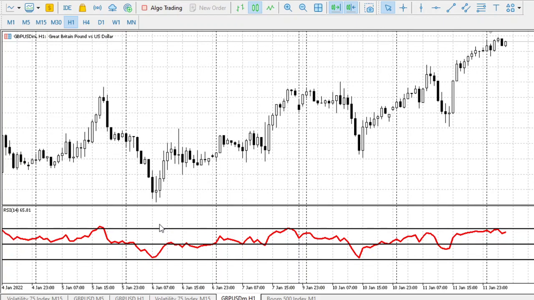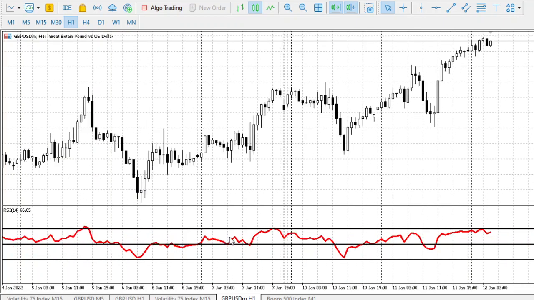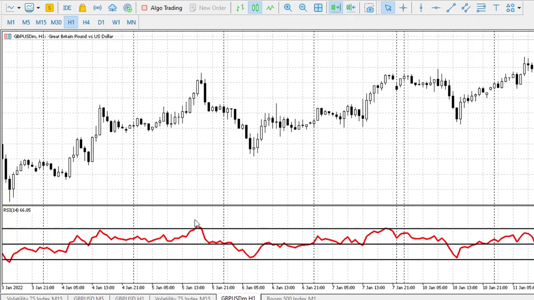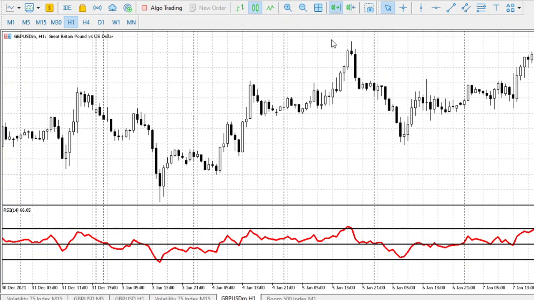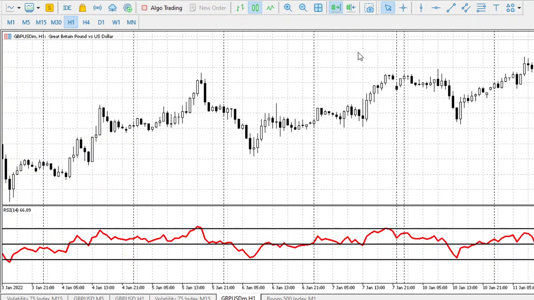So traditionally, when the RSI hits the 70 level, we are looking for selling opportunities, but we don't immediately place a sell as soon as it hits the 70 level. So what can you do? You can check if this area is near a major key level, that is, if it is near a support or resistance.